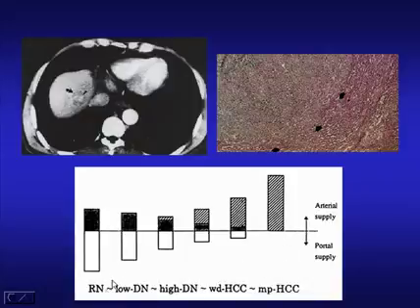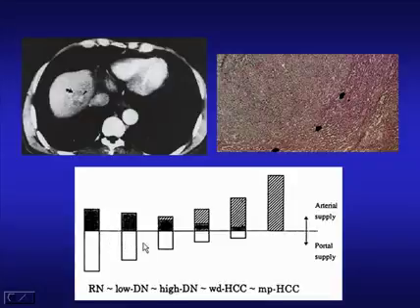And this is progressive. As we go through from normal liver to a regenerative nodule, we have the normal balance between arterial and portal venous supply, with perhaps 70% of the normal liver tissue being supplied from the portal venous circuit.